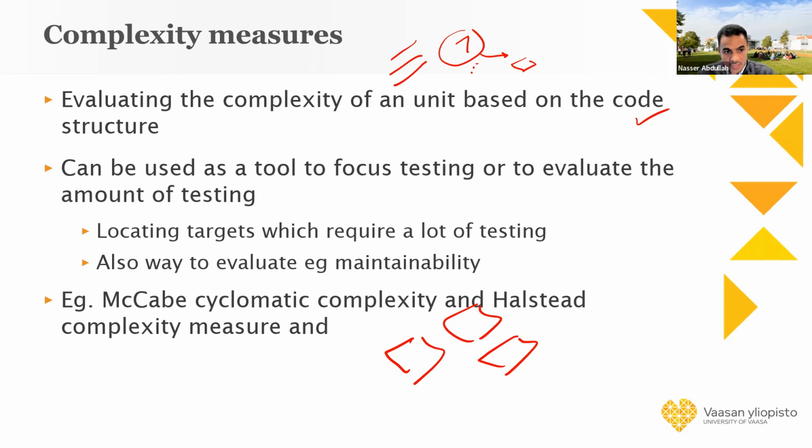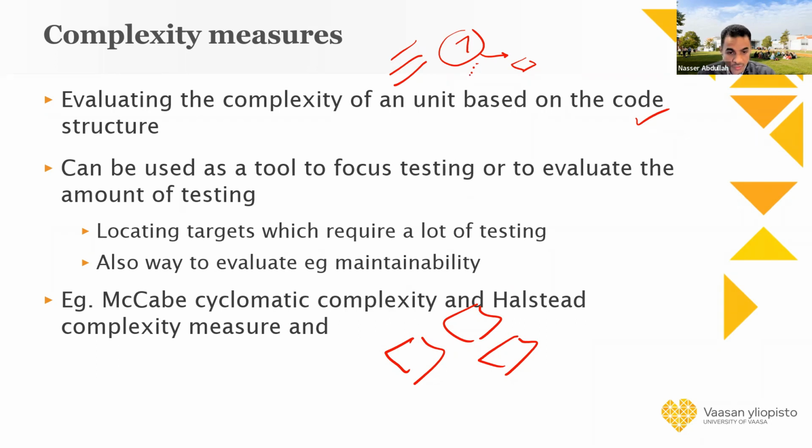These are the two topics related to complexity. First, it guides you where to focus your testing. Second, the complexity number shows you the minimum number of test cases required for testing that code.